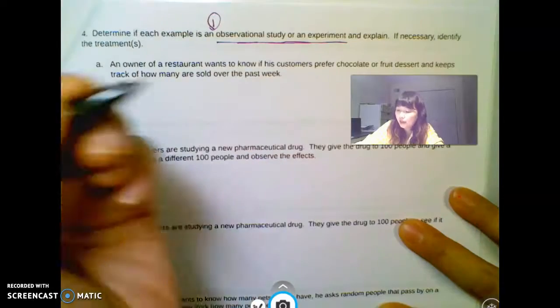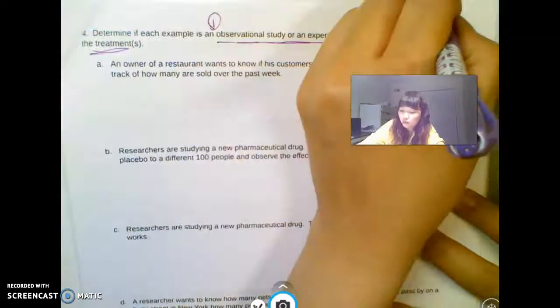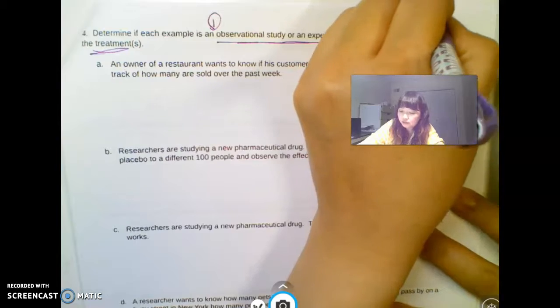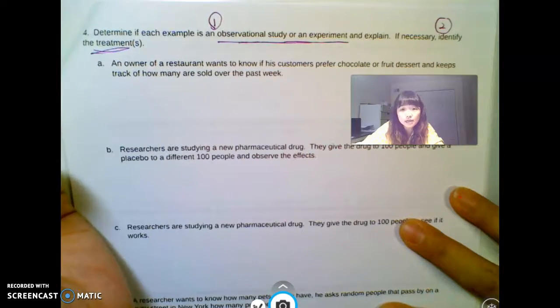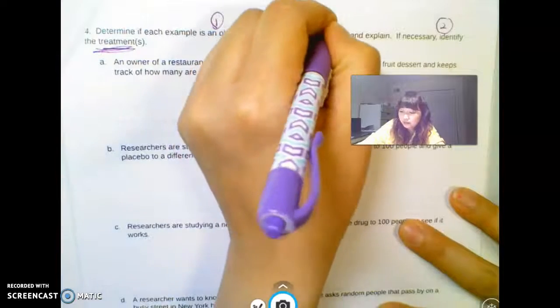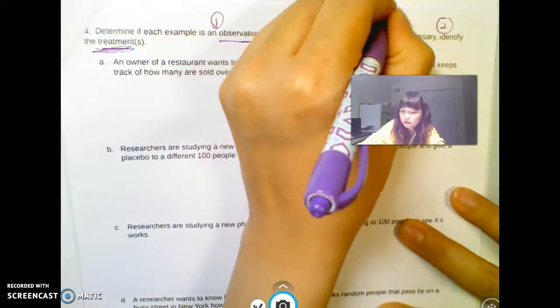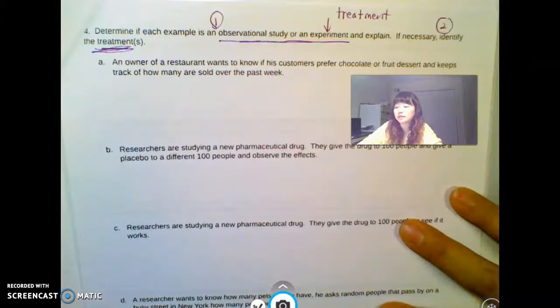Then, if necessary, identify the treatments. When is it necessary? If it's an experiment, you have to say what kind of treatment is given. That's why it says if necessary.